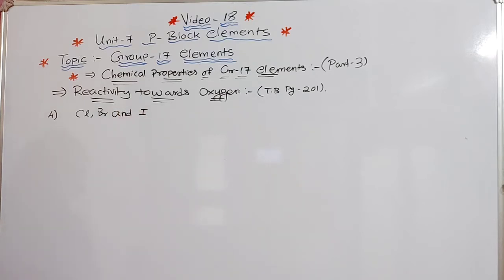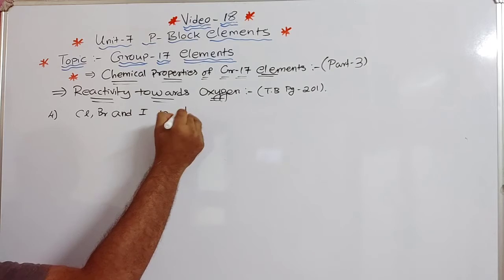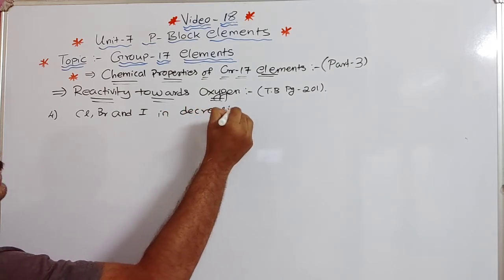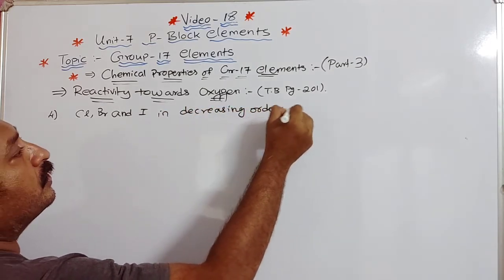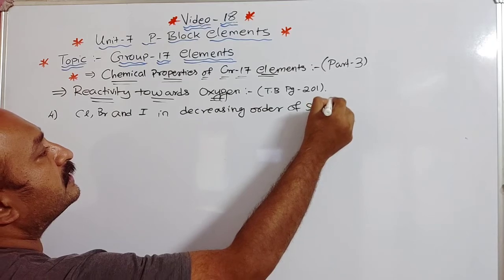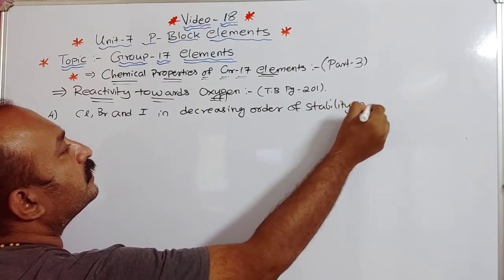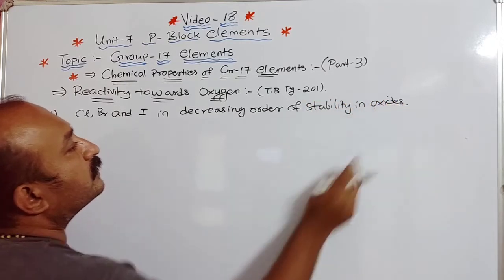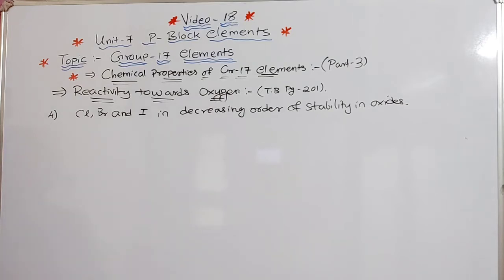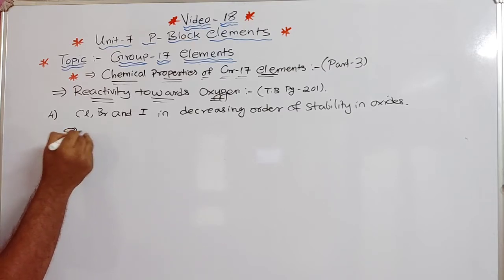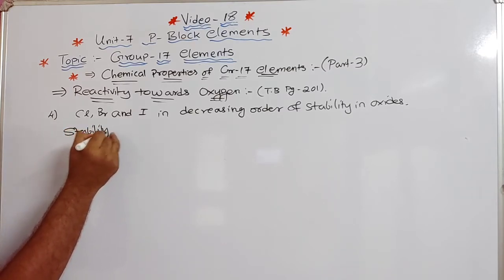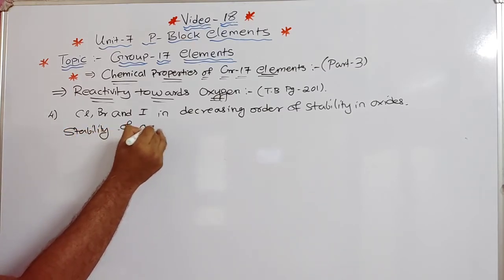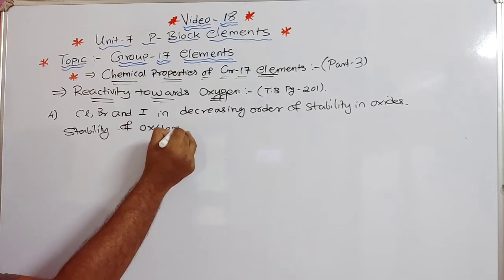Decreasing order of stability in oxides. When these halogens form oxides, the decreasing order is written. That is the stability of oxides. You can write it.